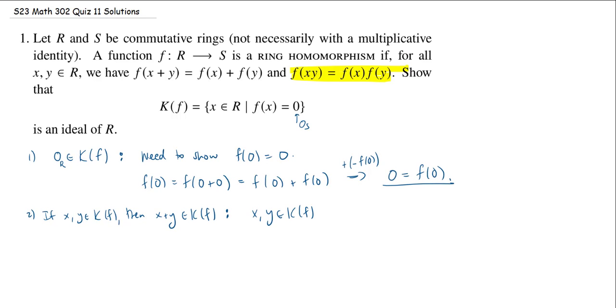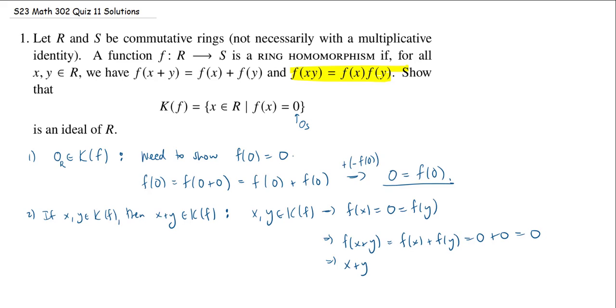That means that their f images are 0. So f of x is 0 and f of y is 0. But I need to compute f of x plus y. We know that f is a ring homomorphism, so f of x plus y is f of x plus f of y, and we just established that those are both 0. Therefore, x plus y has f image 0, and so it is in the kernel.